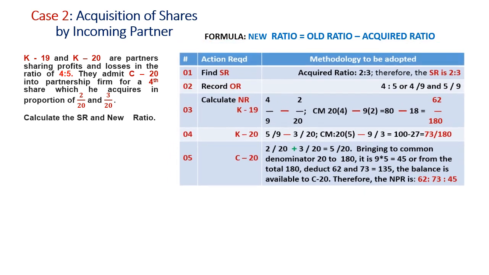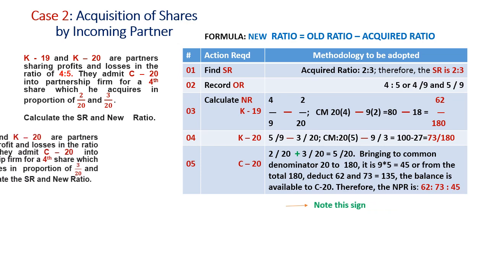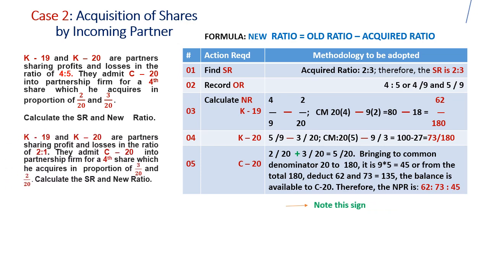Find the ratio, record the old ratio, calculate the new ratio: for K19 it is 62 by 180, for K20 it is 73 by 180, and for C20 it is not acquired, it is the gaining ratio, as given through the various arrows and the description. Based on that, you can also try the second assignment, for which you have to find the new ratio, which is 31 is to 14 is to 15.